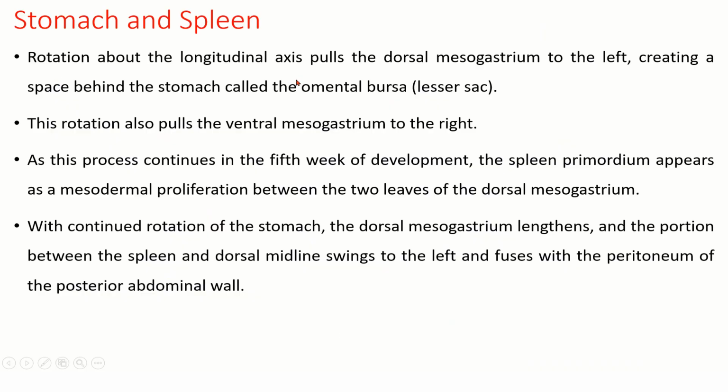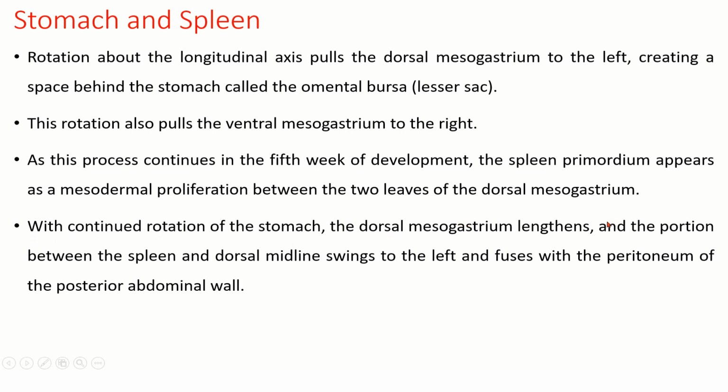Rotation about the longitudinal axis pulls the dorsal mesogastrium to the left, creating a space behind the stomach called the omental bursa. This rotation also pulls the ventral mesogastrium to the right. As this process continues during the 5th week, the spleen primordium appears as a mesodermal proliferation between the two leaves of the dorsal mesogastrium, and the rotation continues.